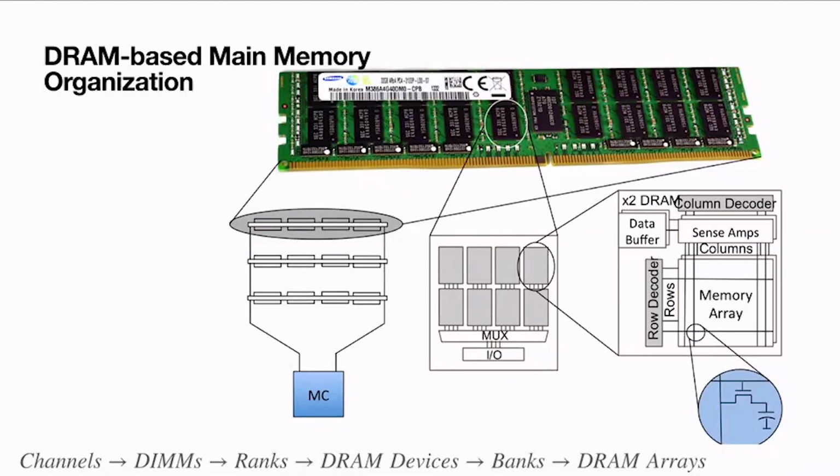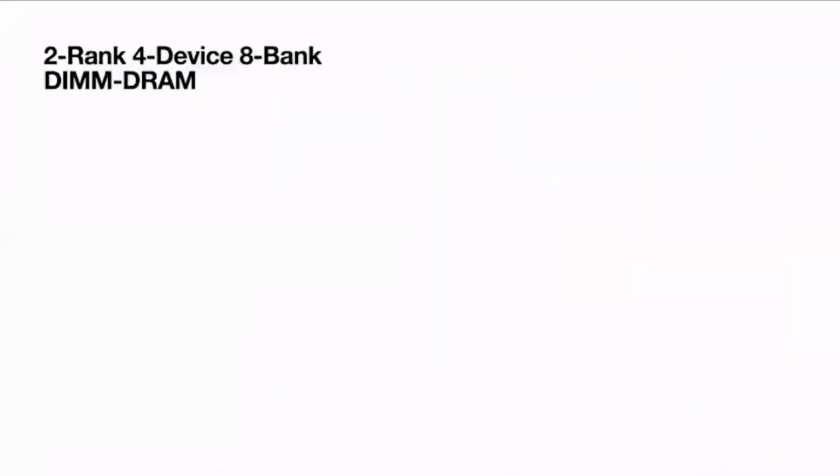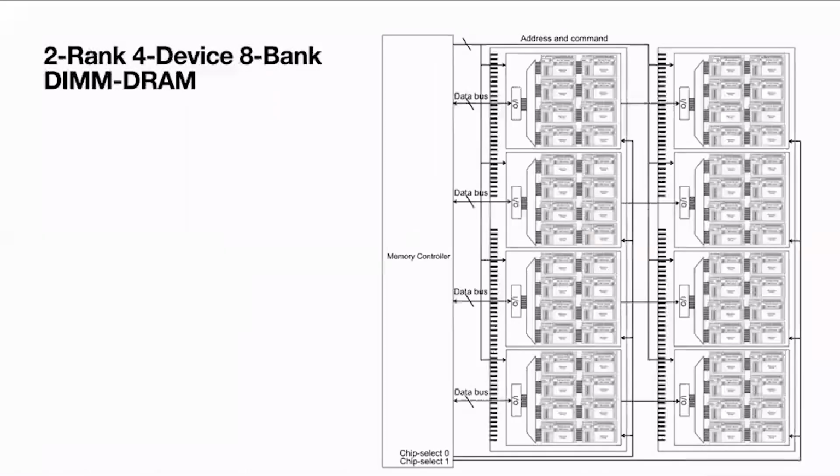But before going to discuss the functionalities of the memory controller, let us spend some time on this particular organization part. If I just consider a DIMM consisting of two ranks, and each rank has 4 devices, and each device has 8 banks, how will this organization look? So this is what it is going to be.